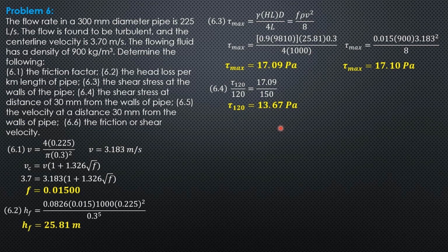Then the velocity at the distance 30 mm from the walls of the pipe, or that's the velocity 120 mm from the center line. So we use V sub R equals V sub C minus 5.756 square root of tau max over density, log of quantity R0 over R0 minus R. So it was derived, and in my lecture video you must watch how this formula was derived.